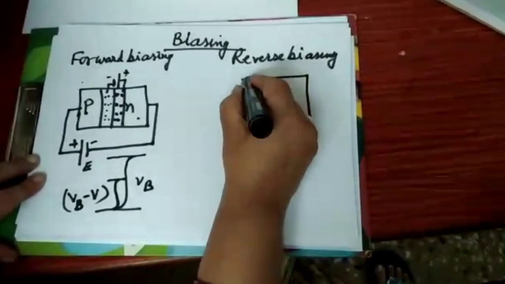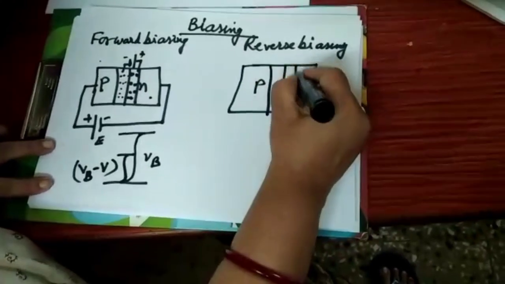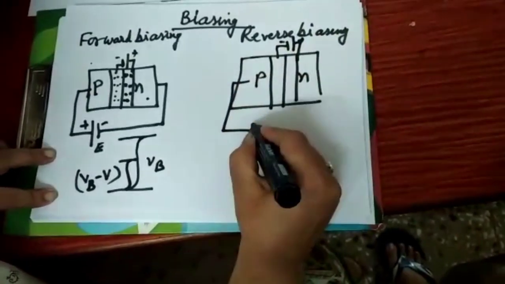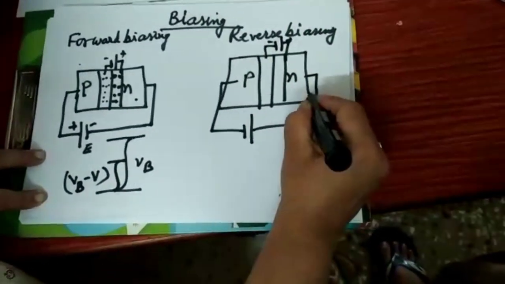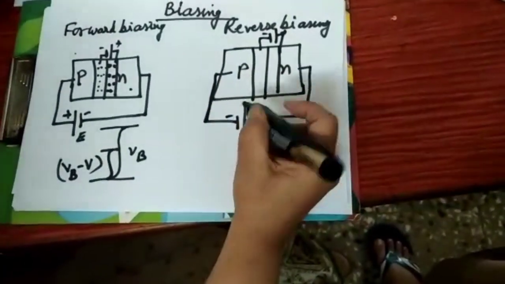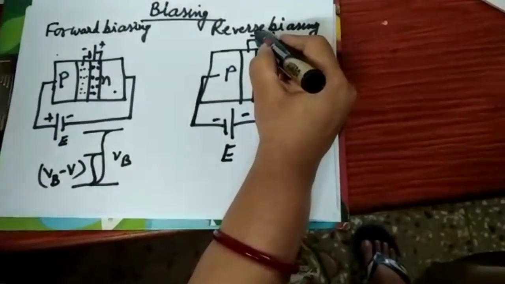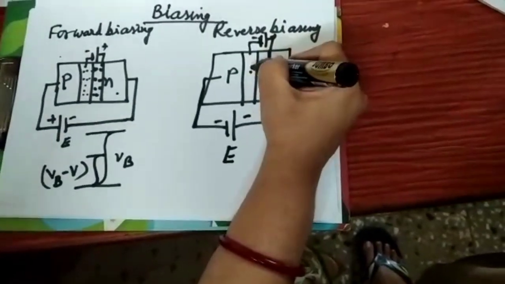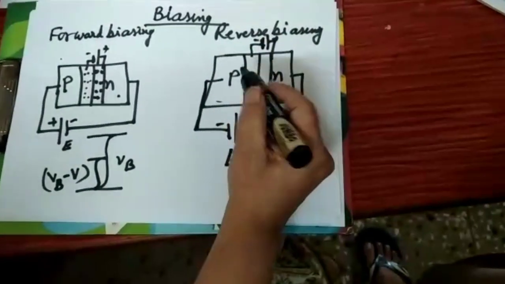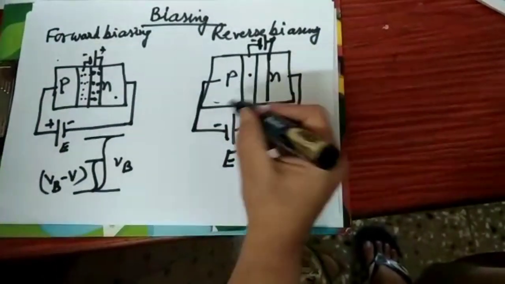In the reverse biasing, the P-type is now connected to the negative of the battery and the N-type to the positive of the battery. Now you can understand what may happen. The negative of the battery strengthens the fictitious negativity here, and as a result, the P portion becomes weaker and a very small number of carriers, electrons or holes, can drift.